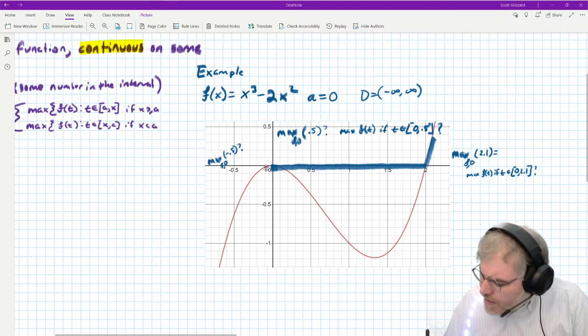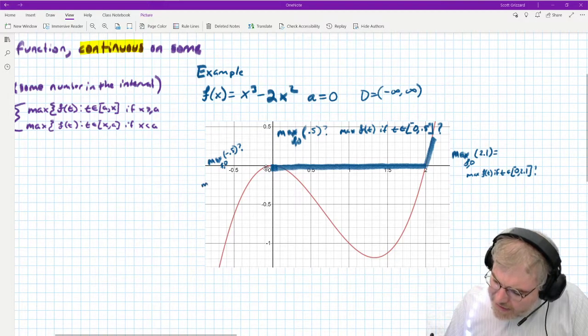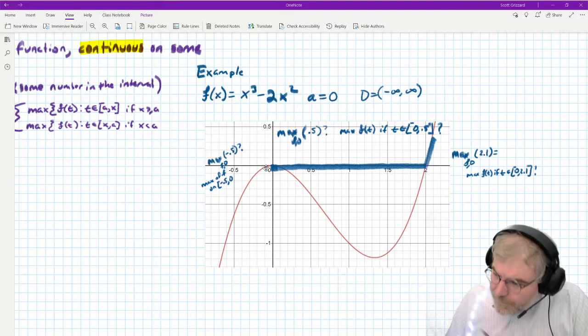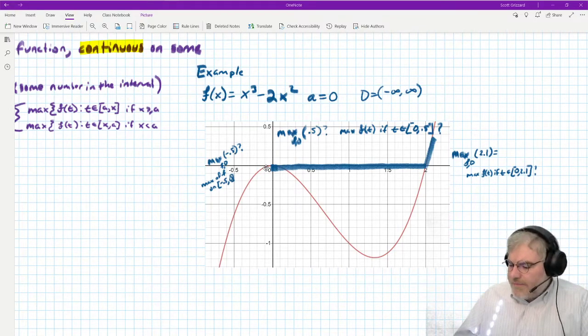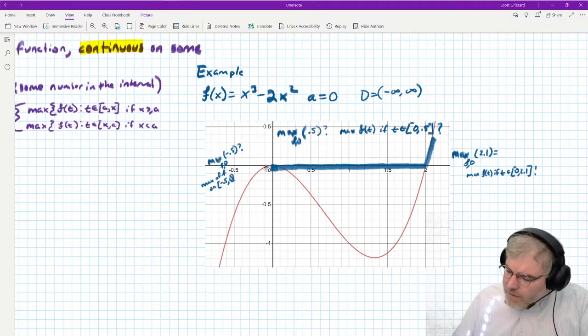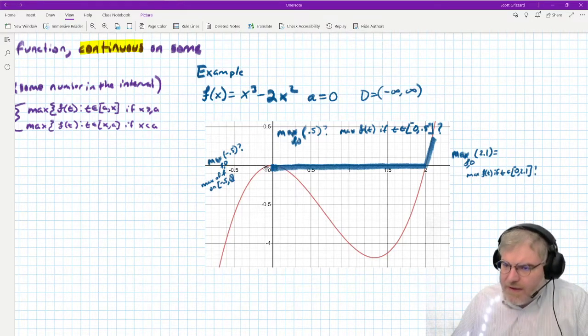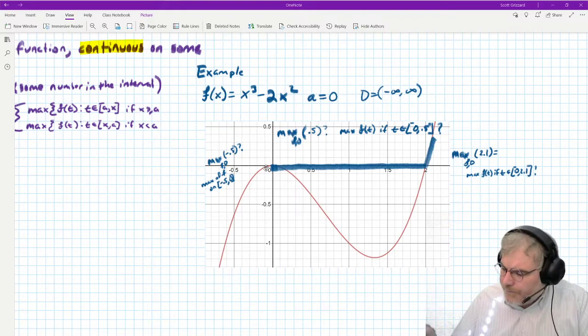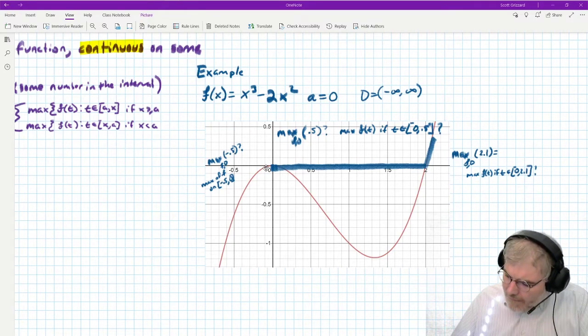So this question is asking, what is the max of f on [negative 0.5, 0]? Well, this right here is less than f of 0. So this is still going to be right here.